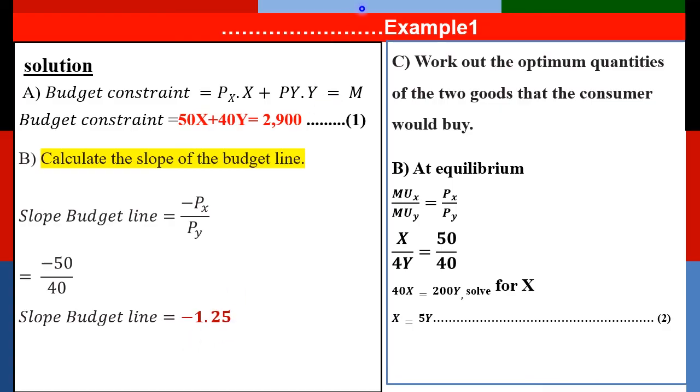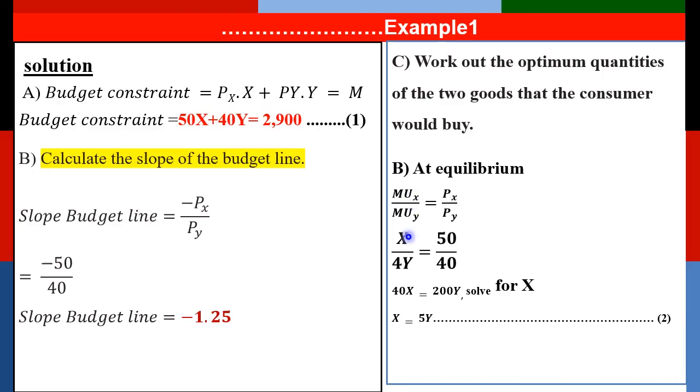The third question: work out the quantity of the two products. You know that at the equilibrium point, the marginal utility of X over the marginal utility of Y is equal to price of X over price of Y. We already have the marginal utility of X, given on the above slide.